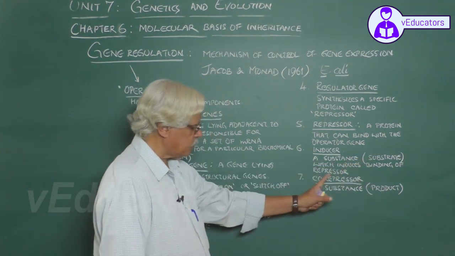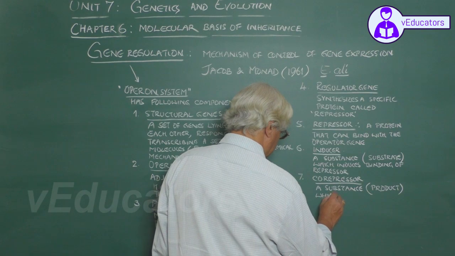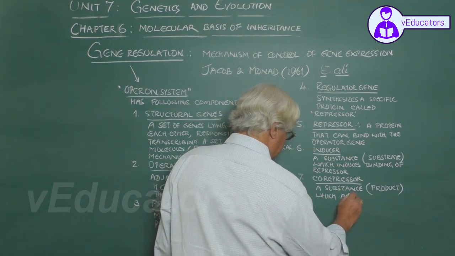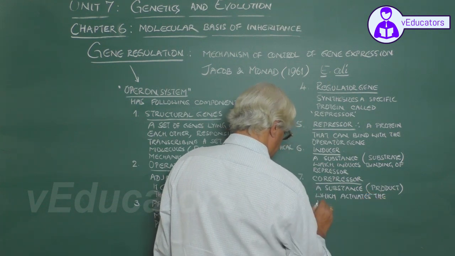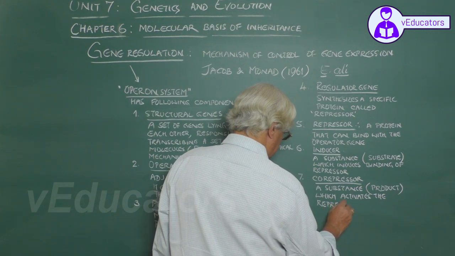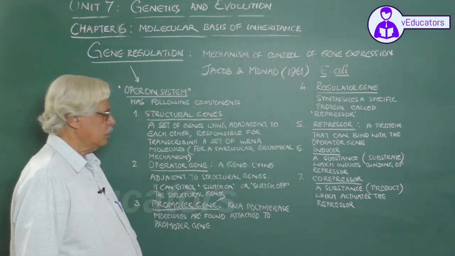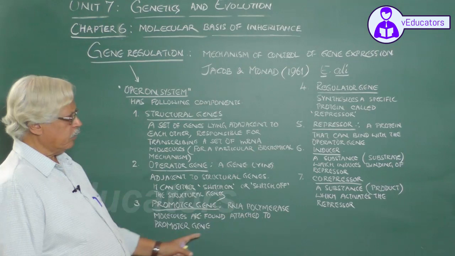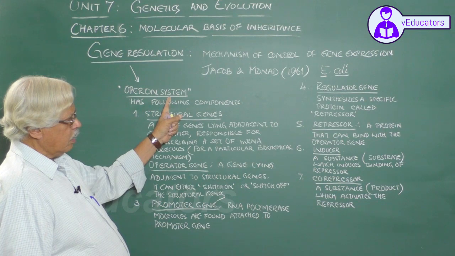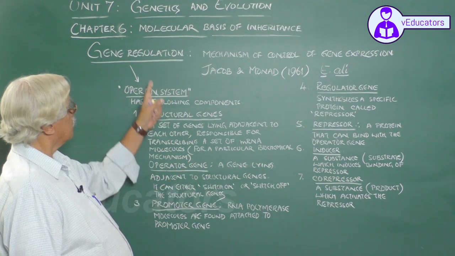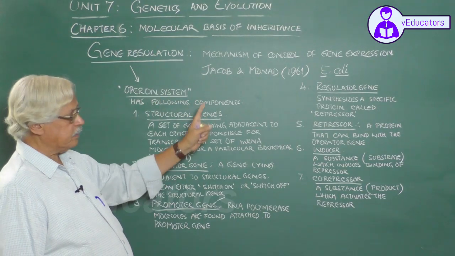Inducer will be a substrate, co-repressor will be a product which activates the repressor. So these are the normal components of an Operon system. With the help of these components, the cell is able to exhibit gene regulation. How it happens, we shall see.